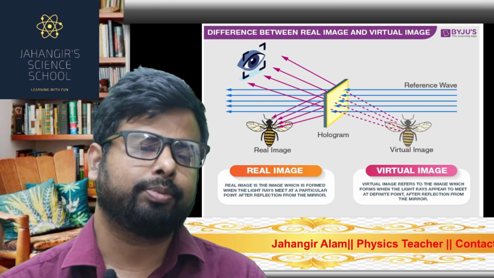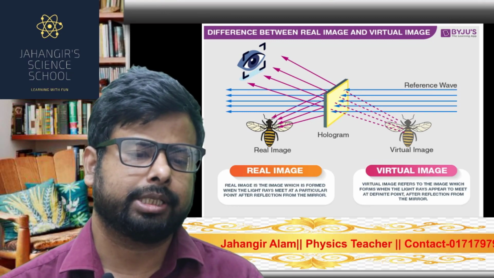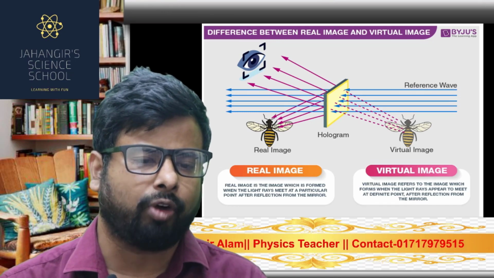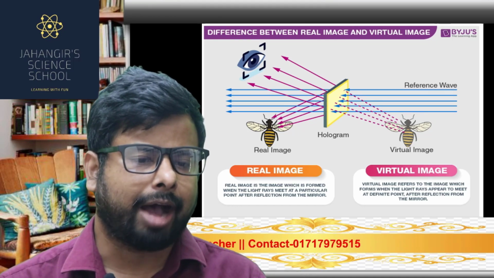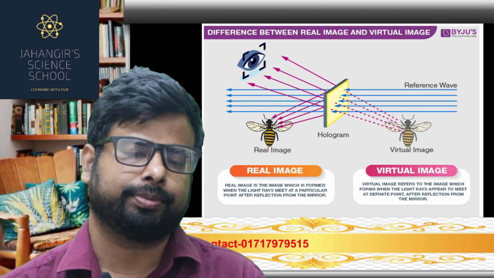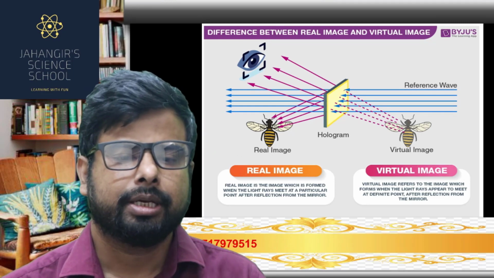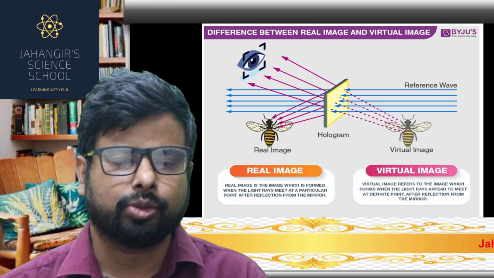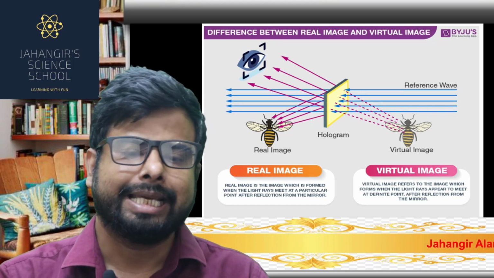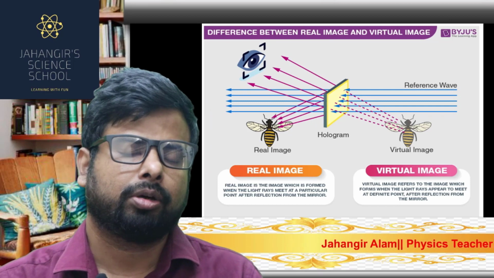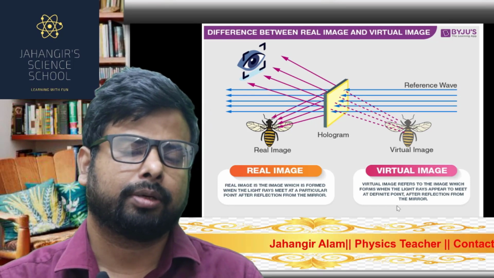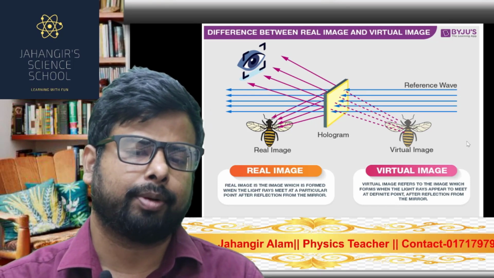So there are two types of image, real image and virtual image. Real image is the image which is formed when the light rays meet at a particular point after reflection from the mirror. Virtual image refers to the image which forms when the light rays appear to meet at a different point after reflection or refraction from the mirror or any type of lens.